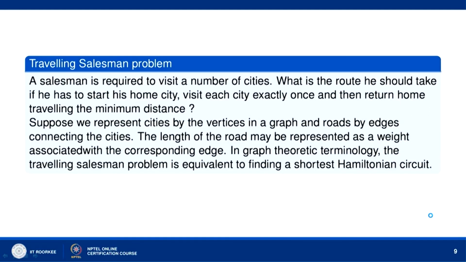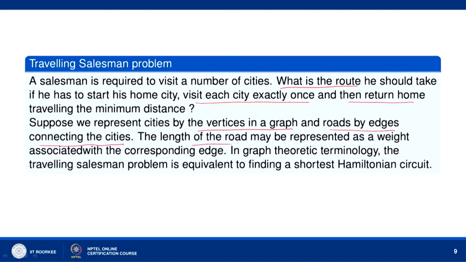Now, let's consider the travelling salesman problem. A salesman is required to visit a number of cities. What is the route he should take, if he has to start from his home city, visit each city exactly once and then return home travelling the minimum distance? Suppose we represent cities by the vertices of a graph, and roads by edges connecting the cities.